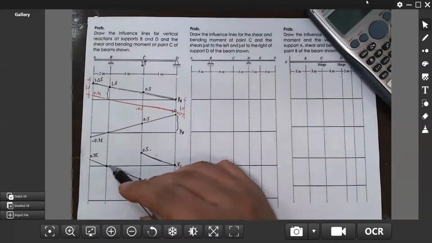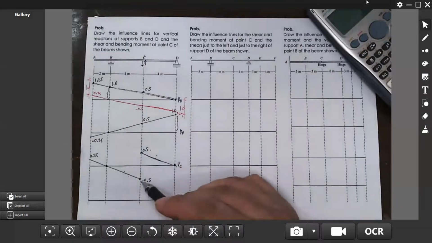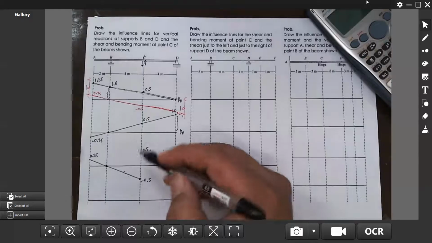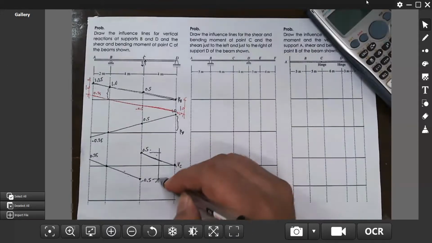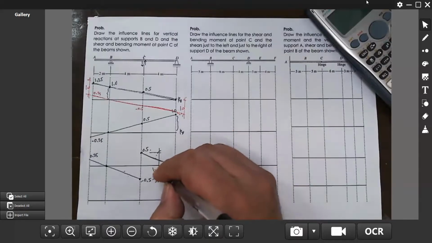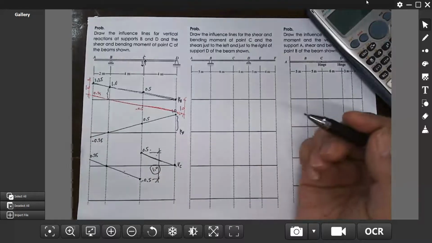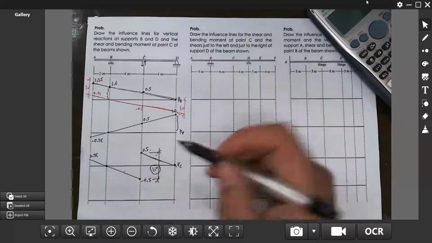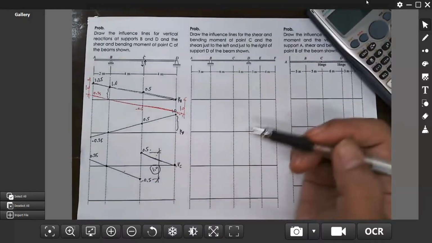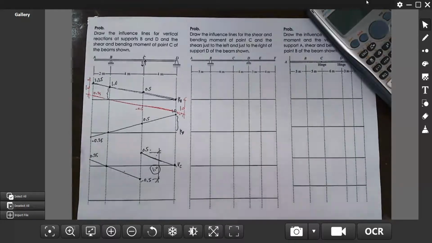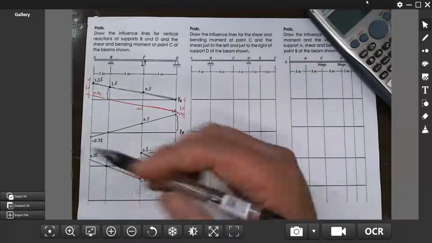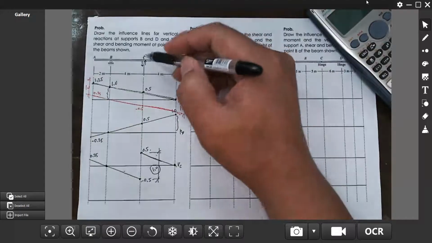Same also ani 4 divided by 8 negative 0.5. Or, just see to it na ang difference lang duha is 1.0. Ang distance lang duha, 1.0. 1 unit man. Diha ang shear.